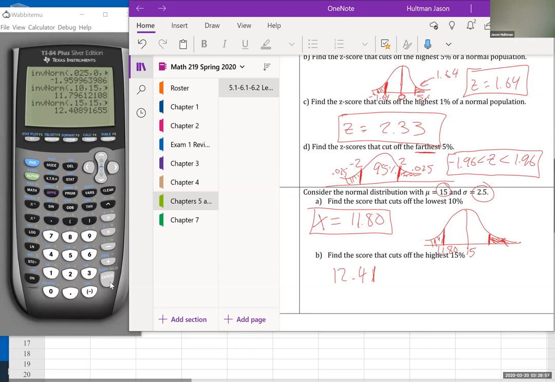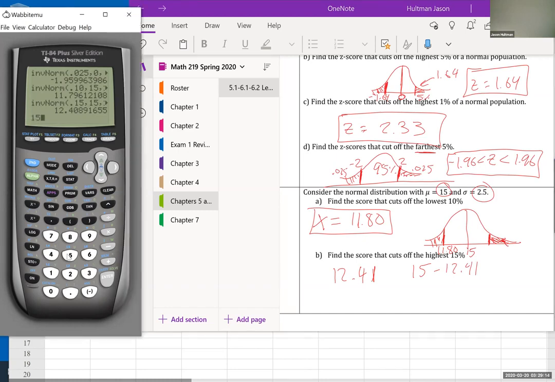But there's a problem. I don't want the lowest 15%. I want the highest 15%. So I have to do some calculation here. The distance between 15 and 12.41 is 15 minus 12.41, which is 2.59.